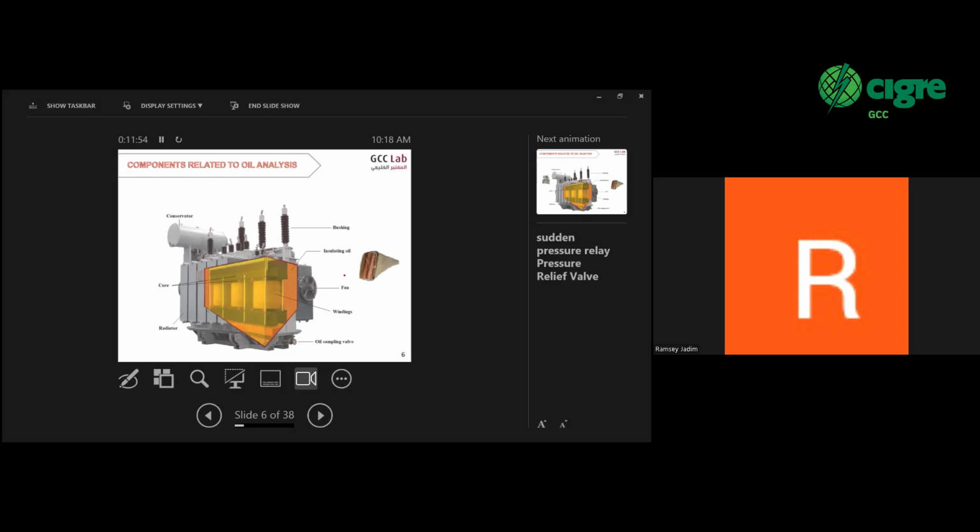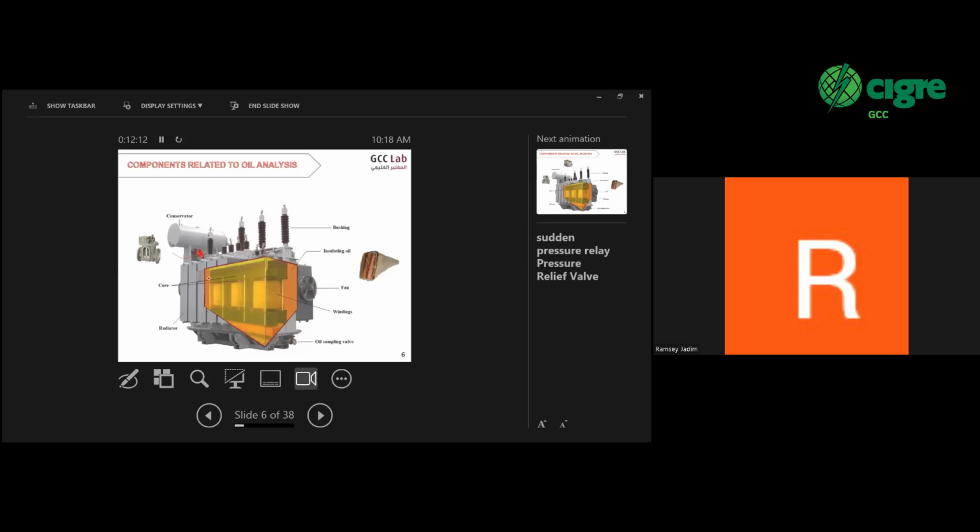We have other things also, some indicators. Here we can see the Buchholz relay. The Buchholz relay is usually here between the conservator and the tank.